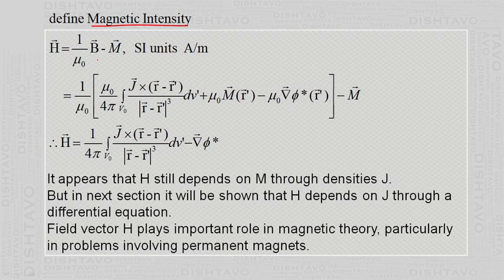This magnetic intensity is a vector quantity, vector H. It is defined, knowing in advance, in such a way that this quantity will entirely depend upon the external field and not the material.